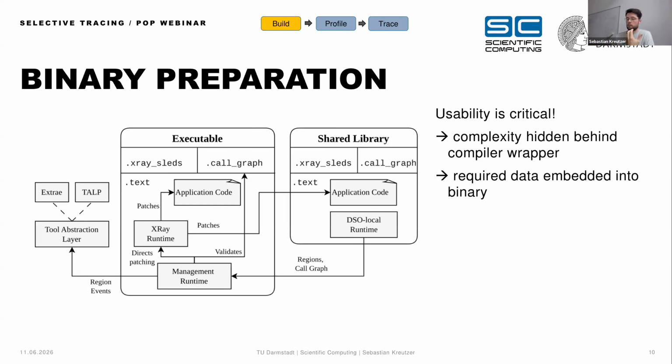So we try to hide all the complexity behind the compiler wrapper and embed required data directly into the binary, so we can load it at runtime and also look into it statically, but we don't have to manage additional configuration files and that kind of stuff. So here we have a situation where there's one executable and also a shared library.